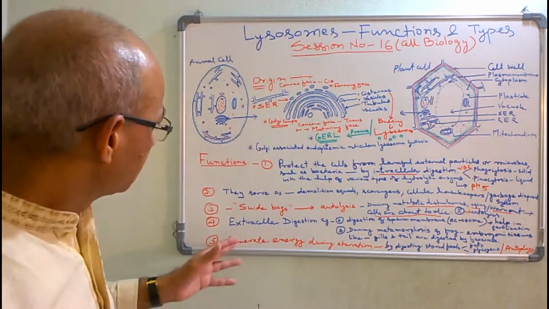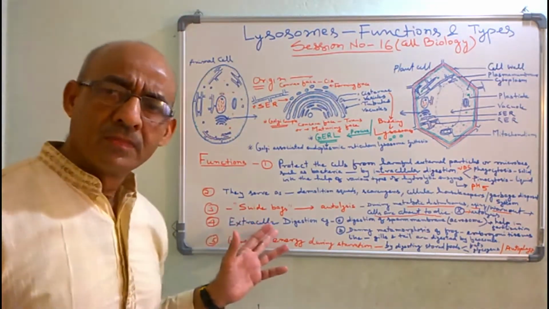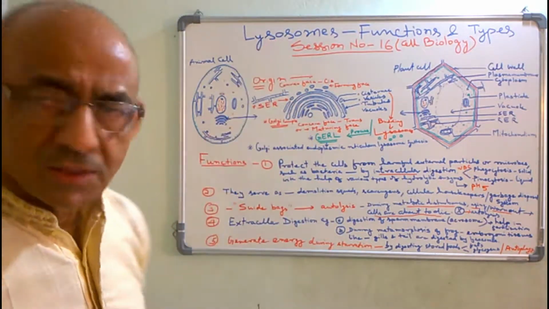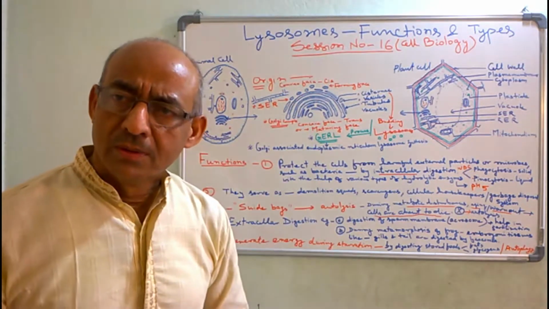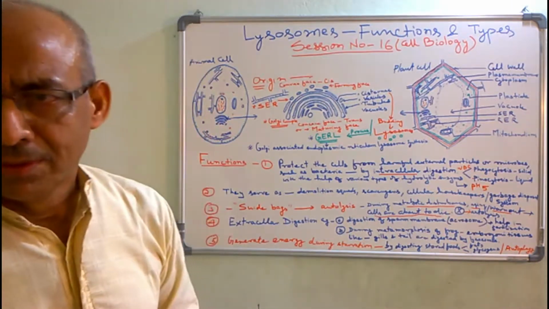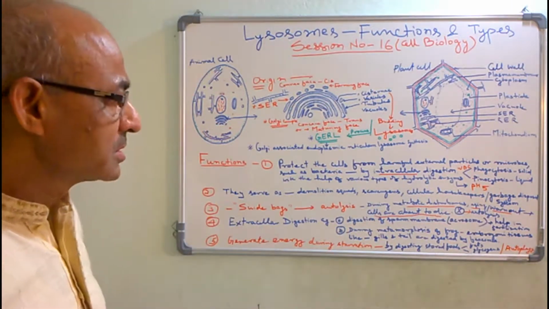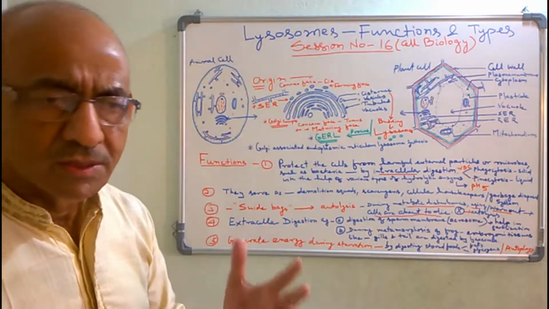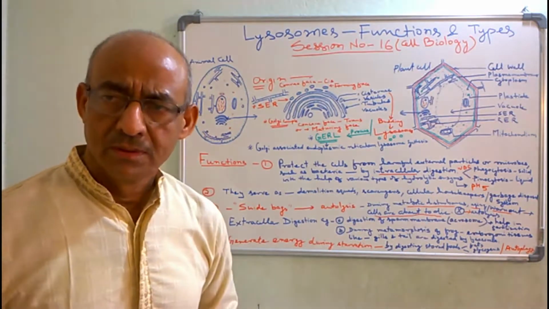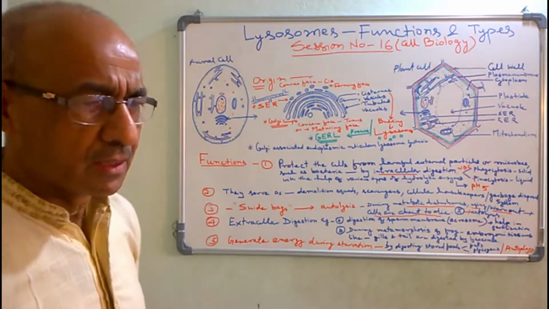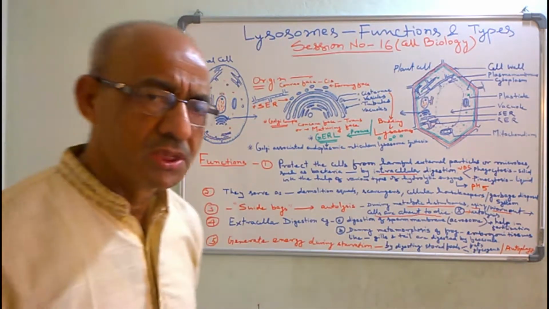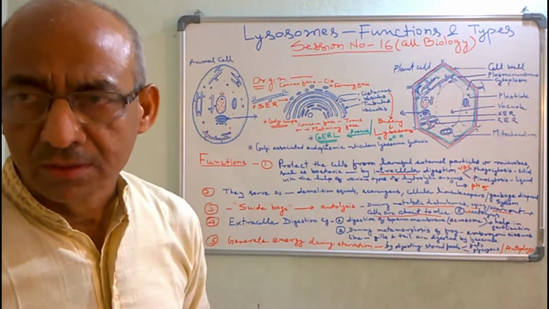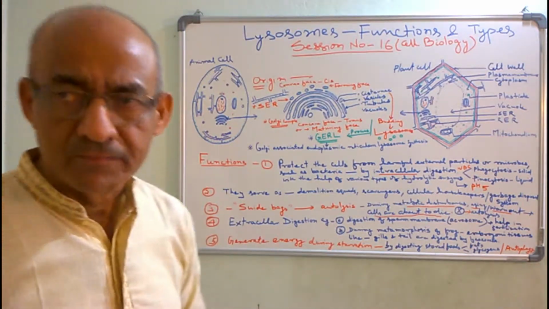Now we will discuss the third property of lysosomes. We know that lysosomes contain various types of digestive enzymes, and they are capable of digesting almost all contents of a cell.